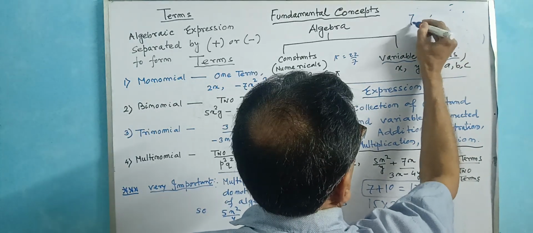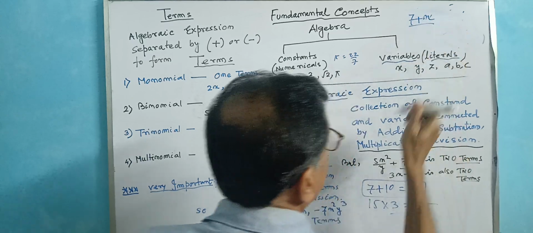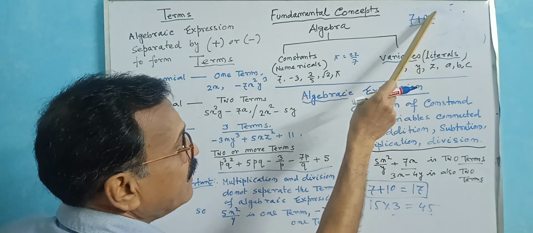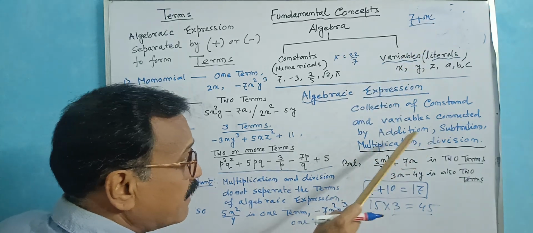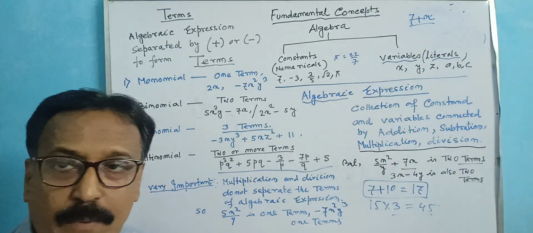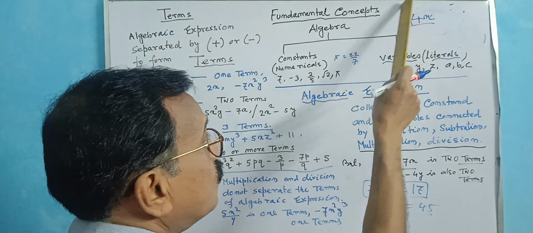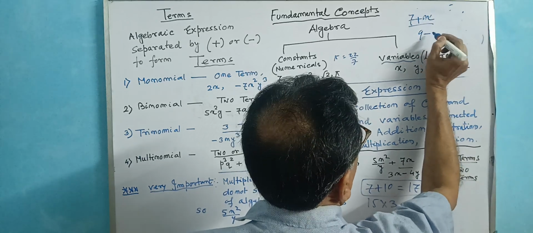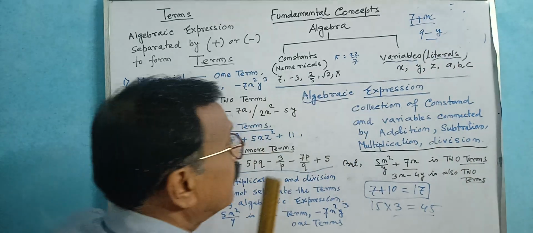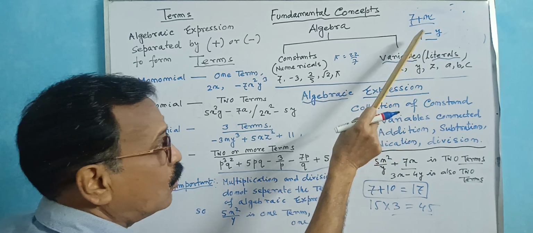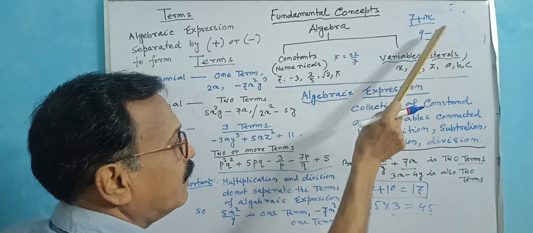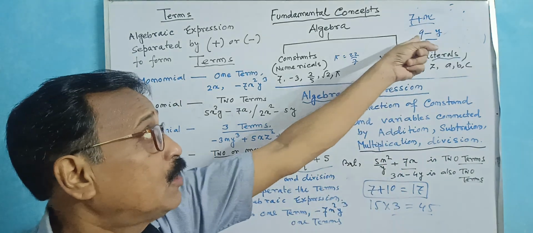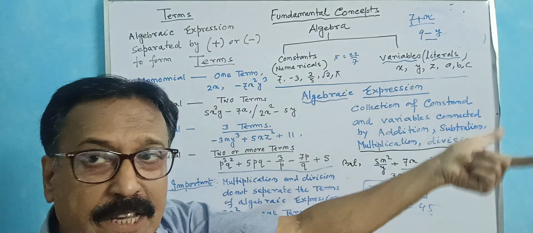Suppose 7 plus x. A collection of a constant and a variable, this is the variable, connected by addition, is called an algebraic expression. If you write 7 minus y, a collection of constant and variable separated by subtraction, this is also called an algebraic expression.